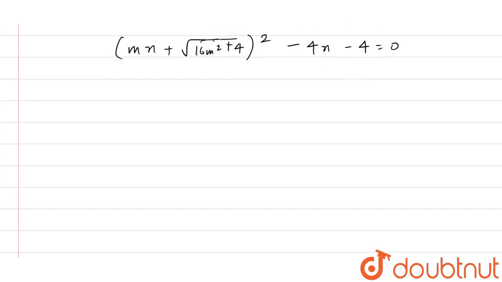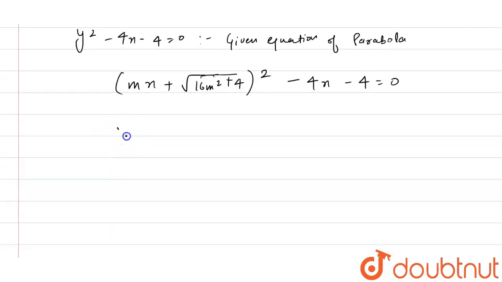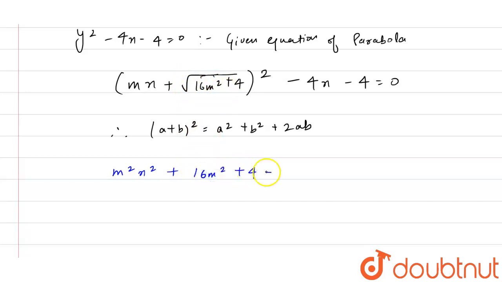Now we know the identity that a plus b whole square equals a square plus b square plus 2ab. If we open this whole square, we get m square x square plus 16m square plus 4, and similarly plus 2mx multiplied by under root 16m square plus 4, and minus 4x minus 4 equals 0 as it is.